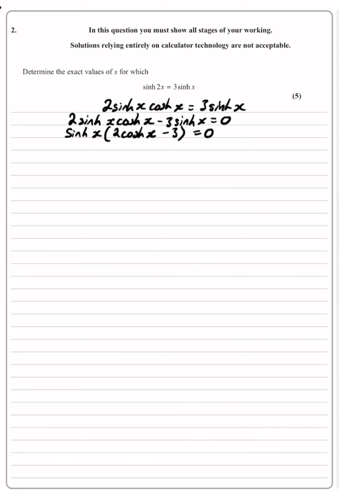So we split that up into 2 separate parts. The part where sinh x is equal to 0, and then the other part will be where cosh x equals 3 over 2. Now you may just know that if sinh x is equal to 0, then x is equal to 0. But in case you weren't sure, replacing sinh x with its exponential form, e to the x, subtract e to the minus x, all over 2 equals 0.